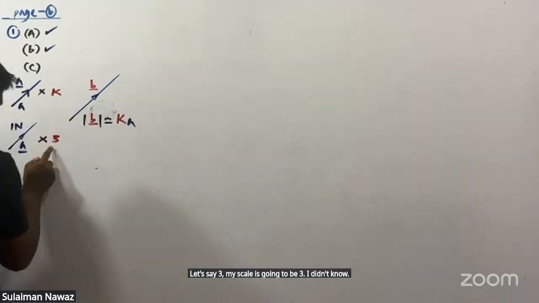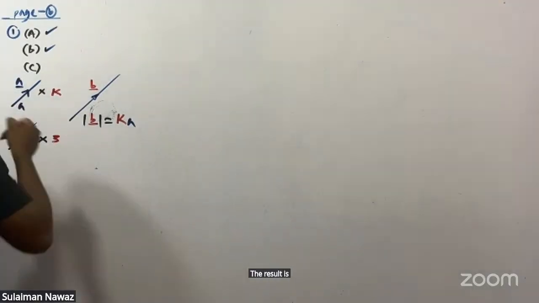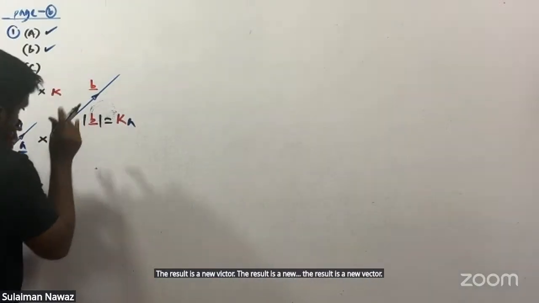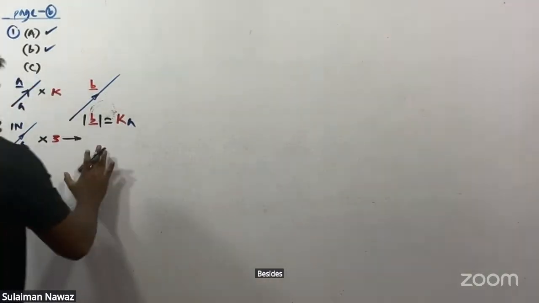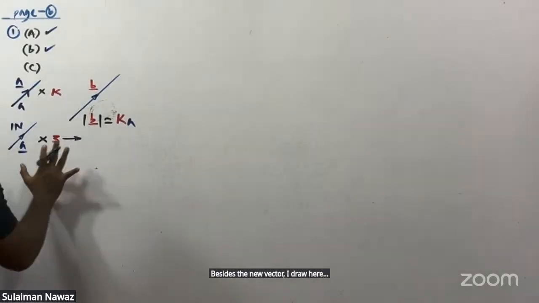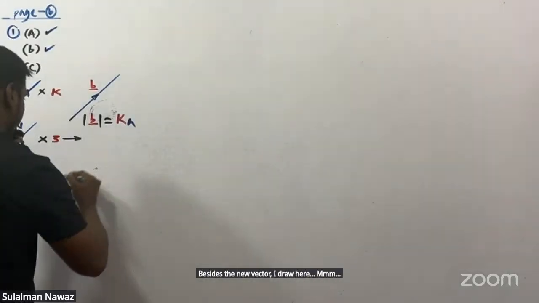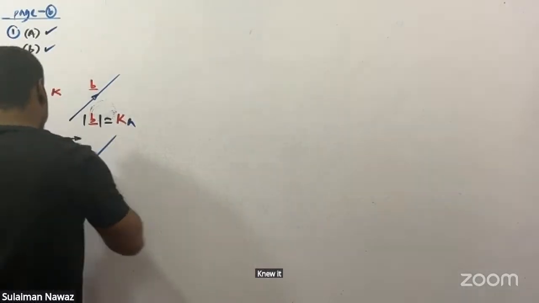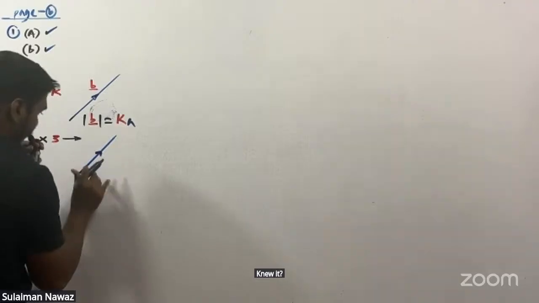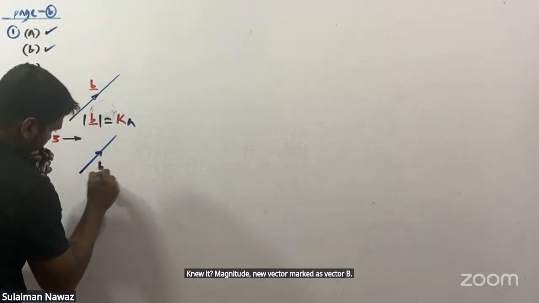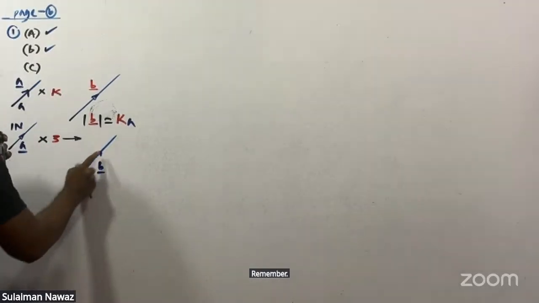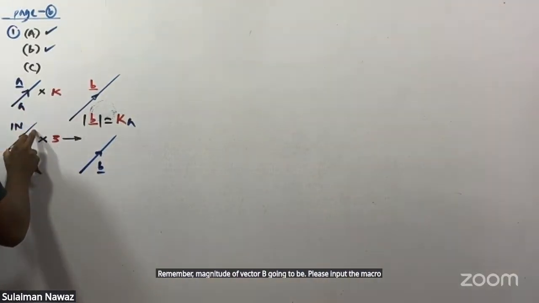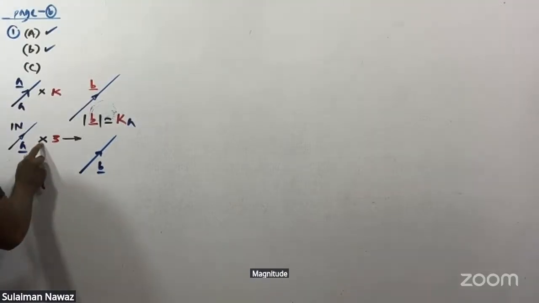Then remember, the result is a new vector. I draw it here. The new vector I mark as vector B. The magnitude of vector B is going to be 3 into the magnitude of vector A. The magnitude of vector A is 1 Newton and the scalar is 3.